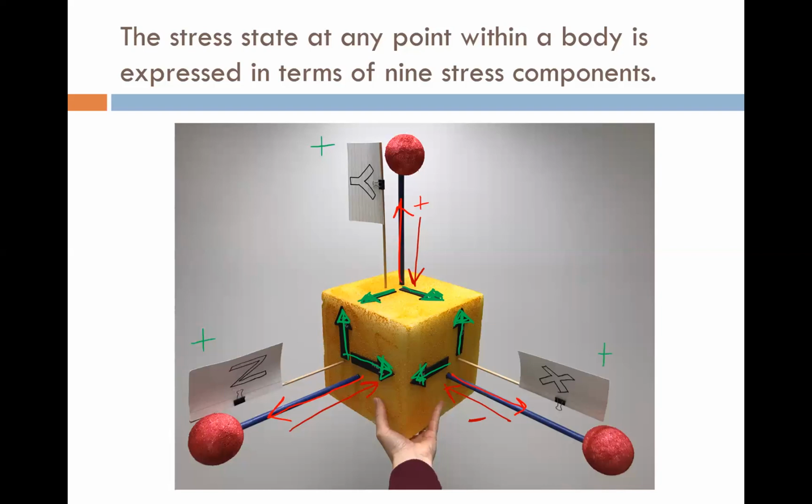Our negative sign conventions then would of course be the opposite. So downward, to the right, to the left here, downward, and like so. So these are negative, and the other ones that I drew there are positive. So remember that positive sign convention, on a positive face, you point in the positive direction. On a negative face, you point in the negative direction.